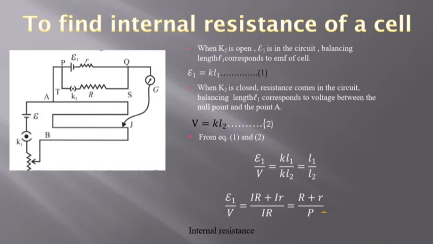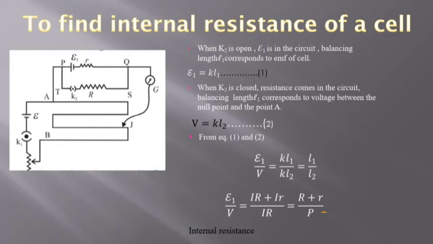The cell of EMF E1, whose internal resistance r is to be determined, is connected with its positive terminal to the end A and its negative terminal connected to the jockey through the galvanometer. The resistance box R and key K2 are connected in parallel with the cell E1.